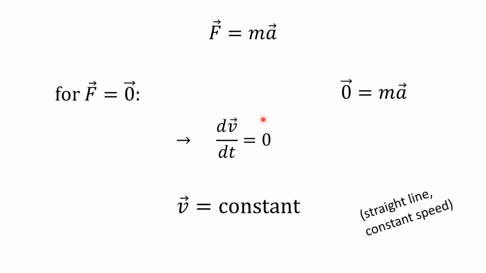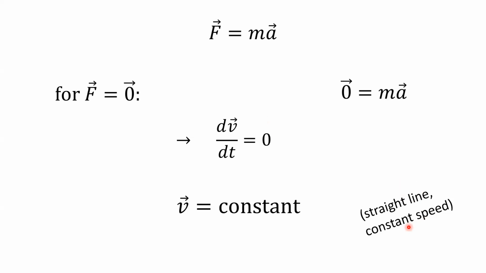It's really a constant vector. Remember, velocity includes not only how fast you're moving, but the direction in which you move. If your vector velocity is constant, you are moving in a straight line at constant speed. Now, if your speed is zero, then I suppose you're not really moving in a line, you're just sitting there. That would be a special case of constant velocity.